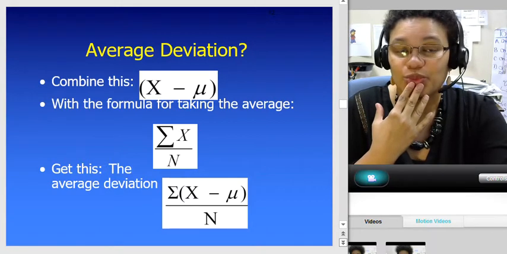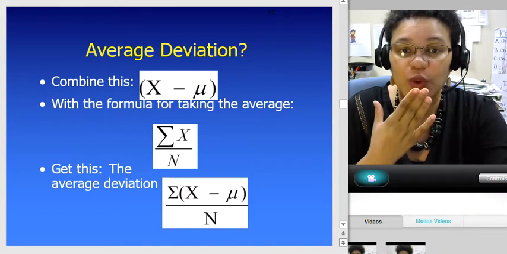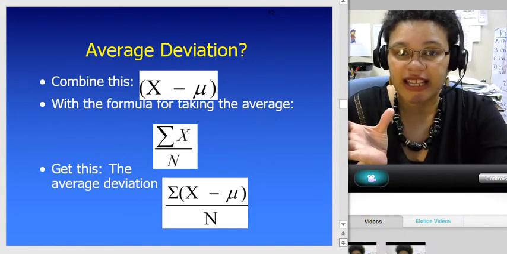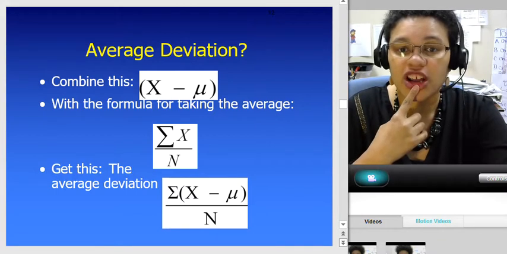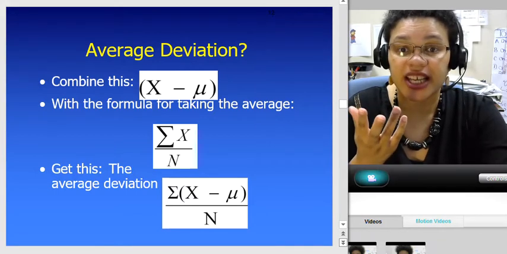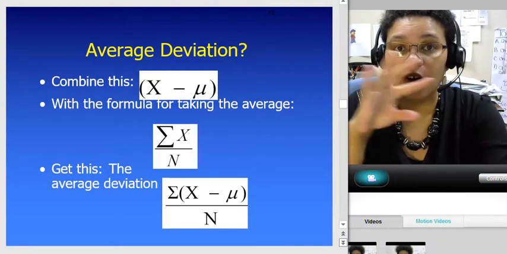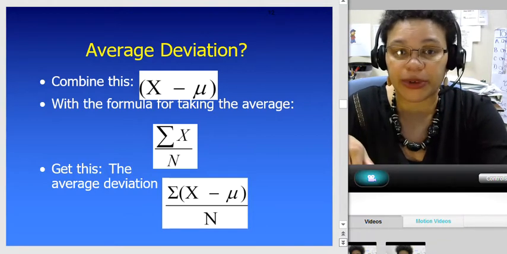So, average deviation. If we're going from an individual score to mu, take that difference. If we're going to take an average, we know an average is the sum of all the values divided by the total number of values.